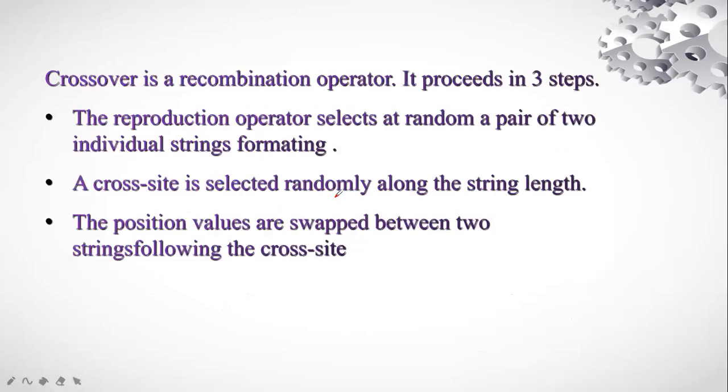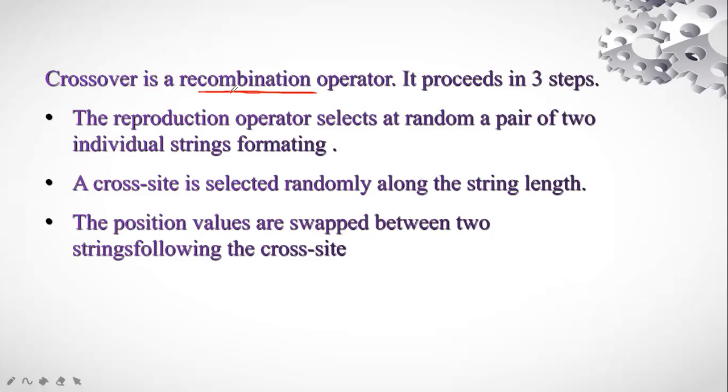Now, how are we going to apply the crossover operator and what actually is crossing over? The crossover operator is termed a recombination operator. What does recombination mean? It means that when we have two parents, we are going to swap certain bits from parent 1 to parent 2 and from parent 2 to parent 1, and create new offspring with different bits compared to parent 1 and parent 2.